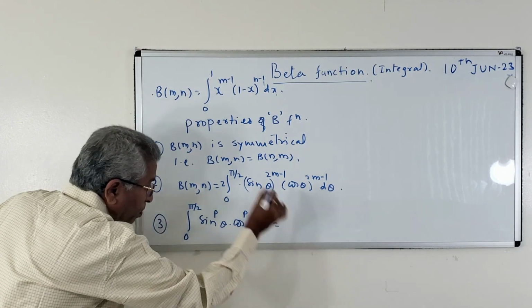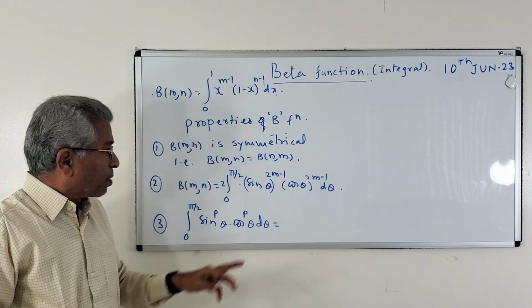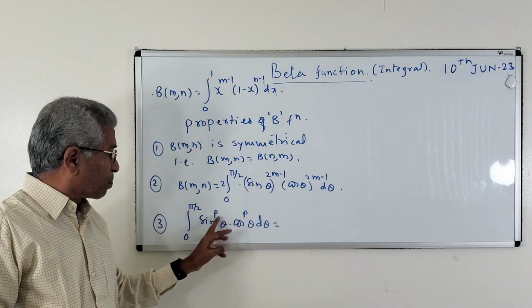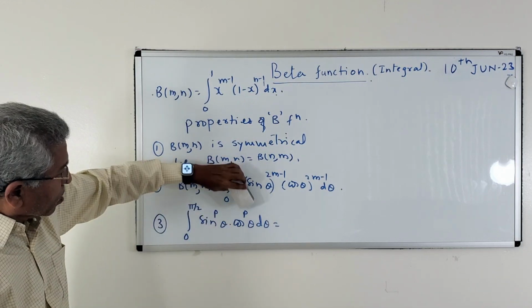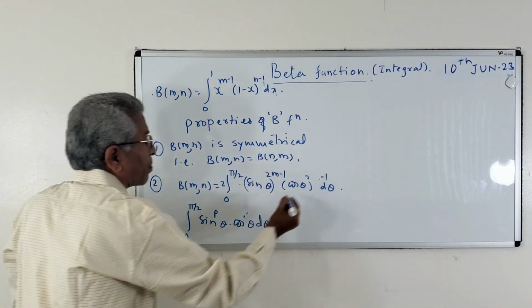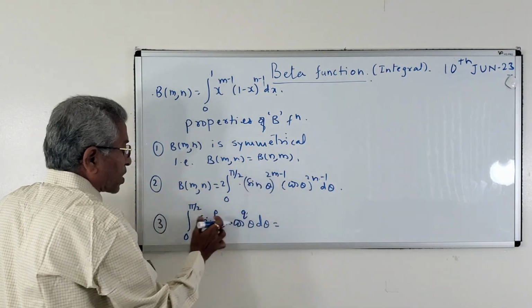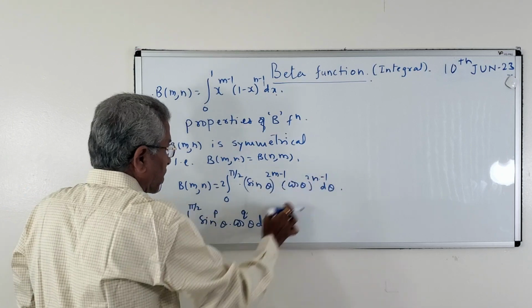This formula, the Gaussian formula, is developed from this property by assuming 2m minus 1 is equal to p and 2n minus 1 as q.